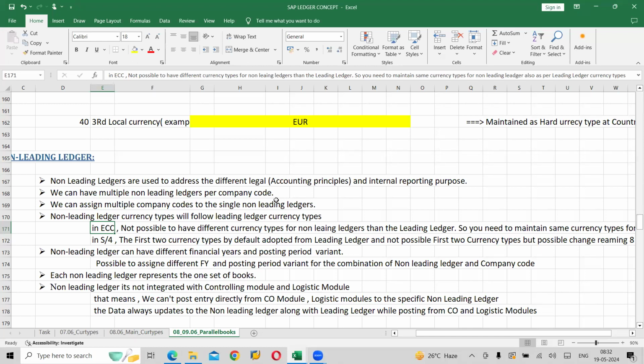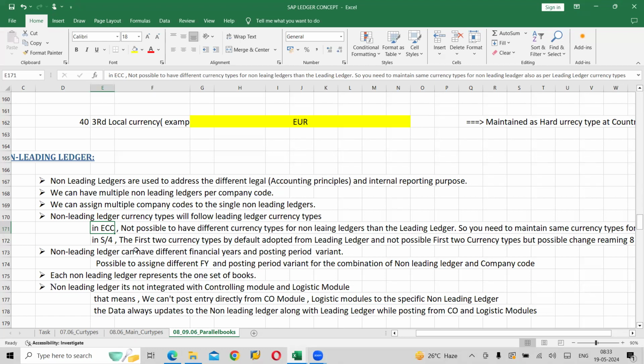So what I want to mention here is, in ECC, it's not possible to have different currencies for non-leading ledgers. So for India, if I want to assign a different currency to the non-leading ledger, then it is not possible. Already I have assigned INR in the leading ledger, so the same currency type will follow in the non-leading ledger also in the ECC environment. Is this clear? Yes, now it's clear.